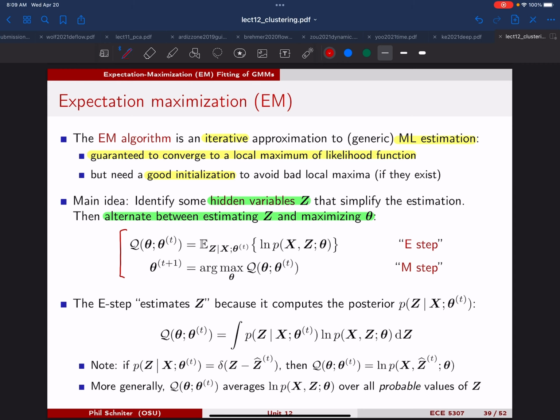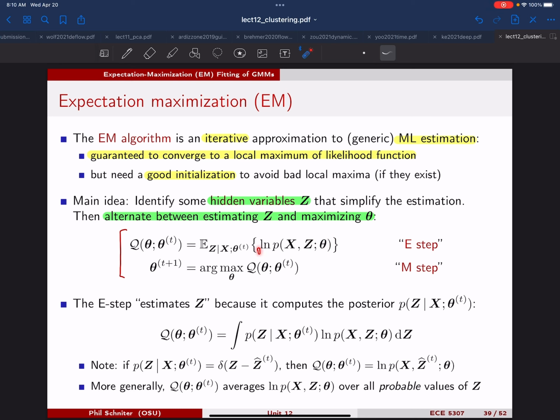There's a lot going on here when you look at these expressions, so let me try to break it down. Over here, we have the log, not of the likelihood, but of this joint probability of X and Z. This probability is also a function of these parameters theta, which are tunable parameters.